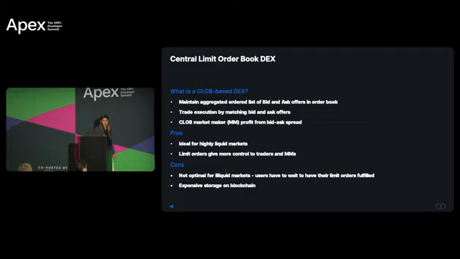It's like traditional exchanges, which maintain an aggregated ordered list of bid and ask offers in the order book that are submitted by the traders. And a CLOB-based DEX facilitates trade execution by matching the incoming offers to those in the order book and fulfilling them. And CLOB-based market makers, that is, those who provide liquidity to these markets, make profit from the bid-ask spreads.